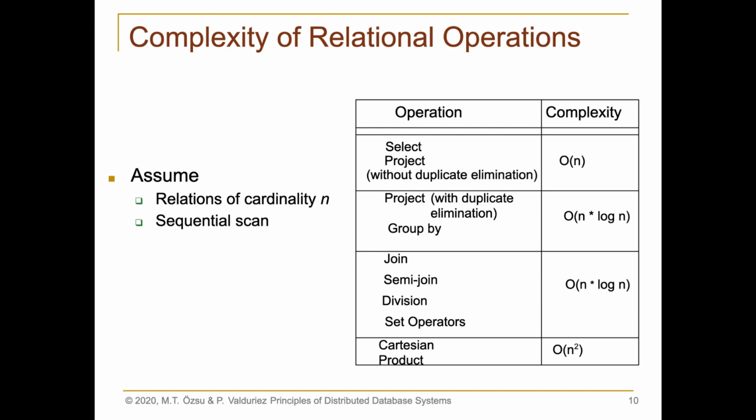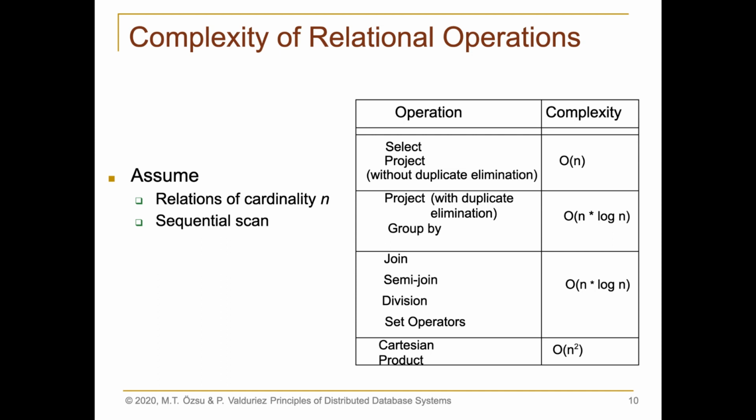For operations like select and project without any duplicate elimination, the big O complexity is O of n, where n is the cardinality of relations. If you do not know about big O of any algorithms, I recommend you read about the time and space complexity of algorithms.